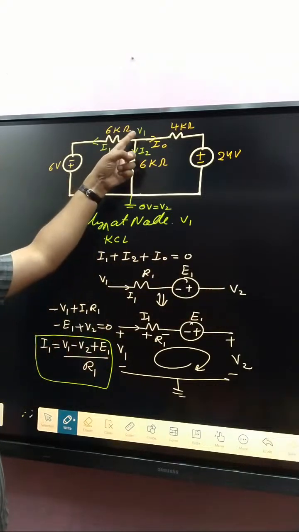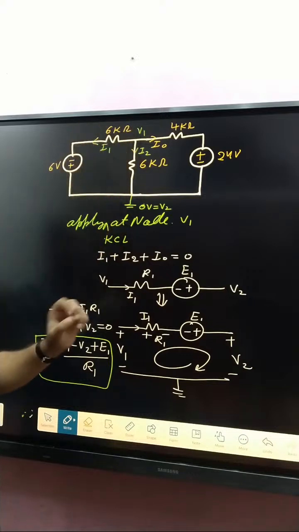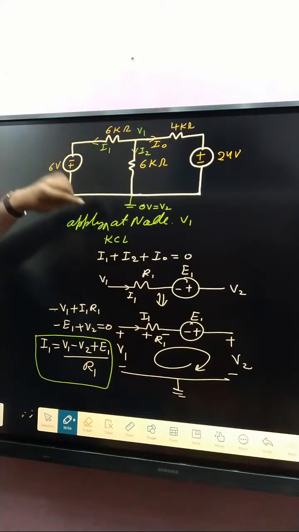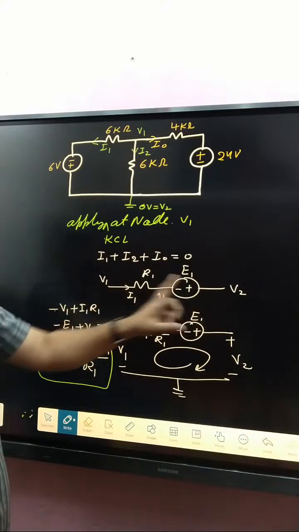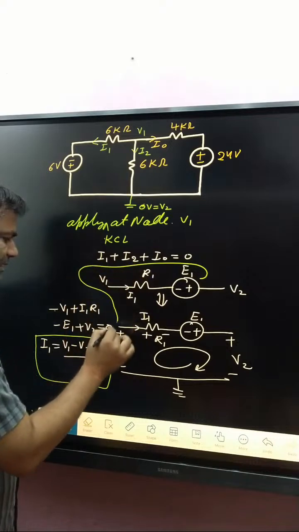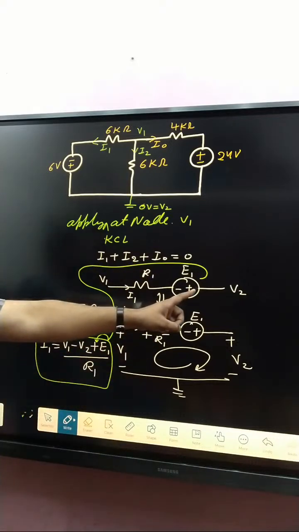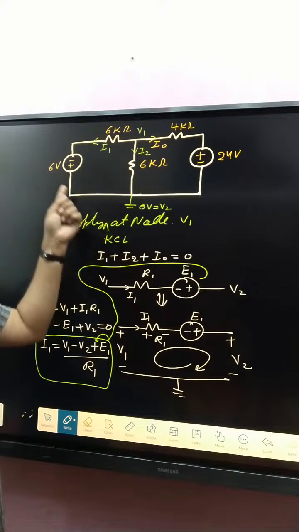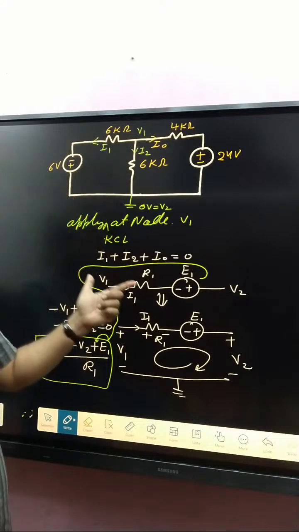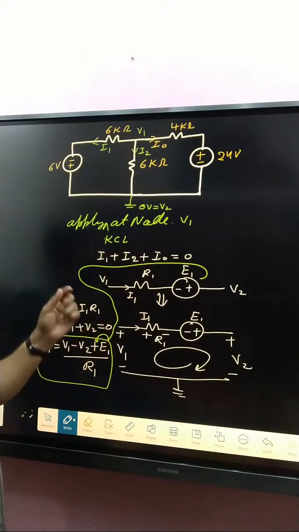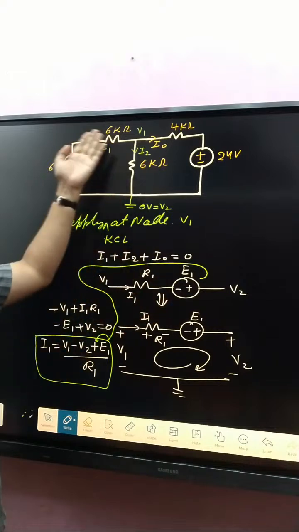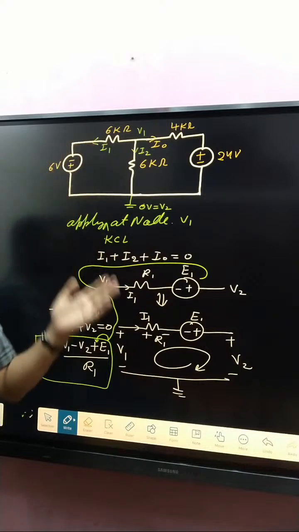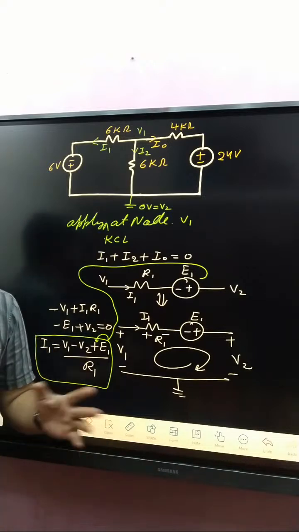If any voltage source is available in the circuit, then if the current leaves from its positive terminal, it is written positive; if that terminal is negative, it is written negative. This is divided by the total resistance of that branch: if R1, then R1; if R2, then R2; if R1, R2 and R3 are connected in series, then R1 plus R2 plus R3.